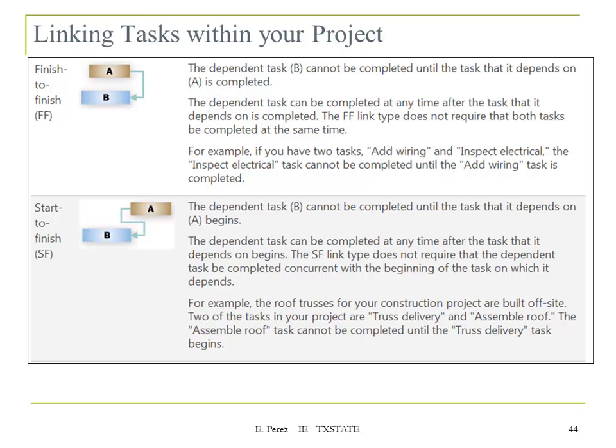The dependent task B cannot be completed until the task it depends on begins. That's the one I believe is the least frequent, but the other three are more frequent. Any questions? Those are the kinds of relationships or links that we are able to define using Microsoft Project.